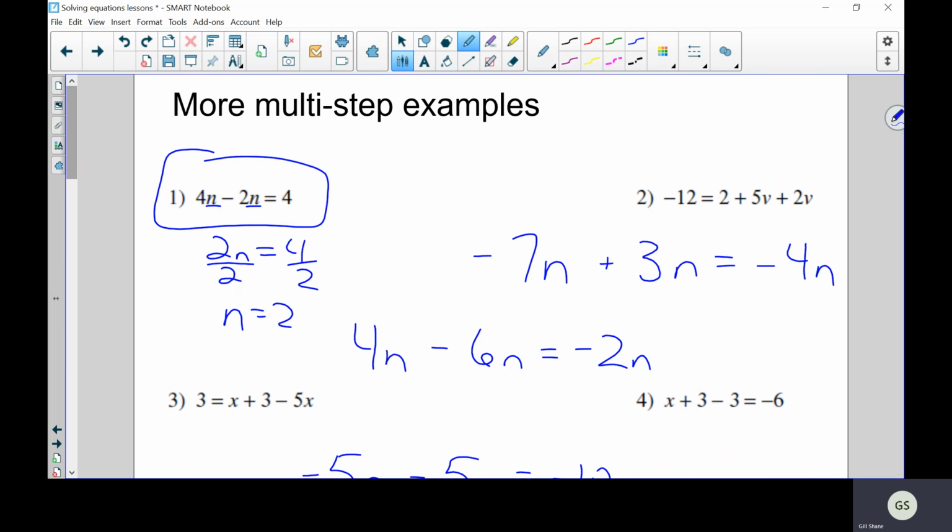Did you find it, Leo? First problem is 4n subtract 2n equals 4. If you have the pink sheet, we used it on the same day.